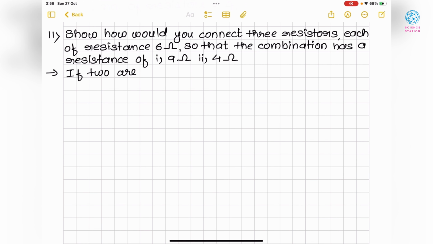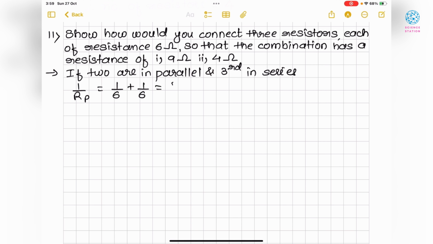Now 11th numerical says, show how you connect 3 resistors, each of resistance 6 ohms, so that the combination has a resistance of first 9 ohms, second 4 ohms. So if 2 resistors are in parallel and the third in series, 1 upon Rp will be equal to 1 upon 6 plus 1 upon 6.